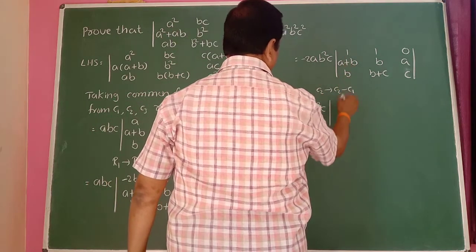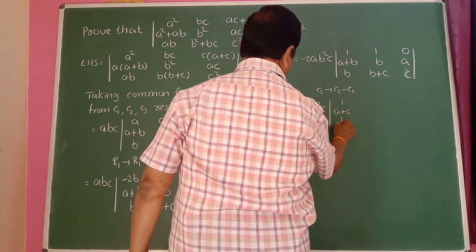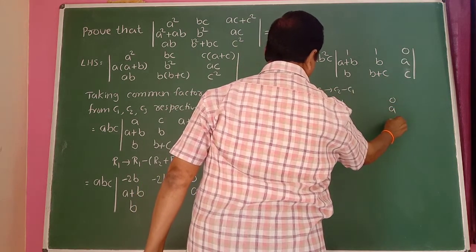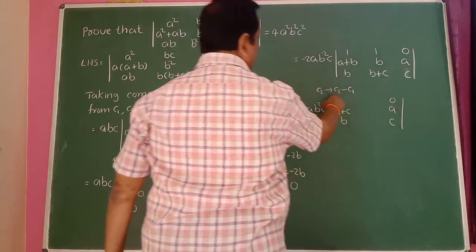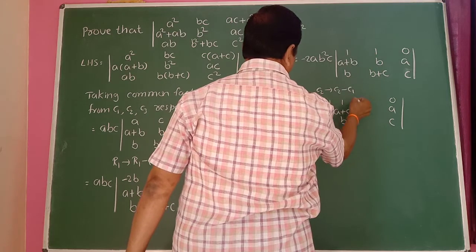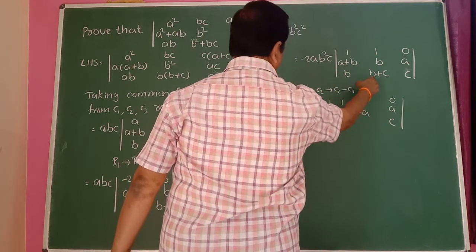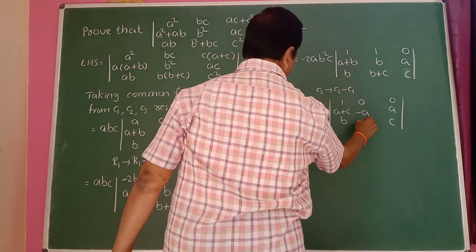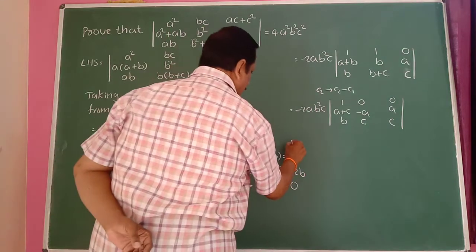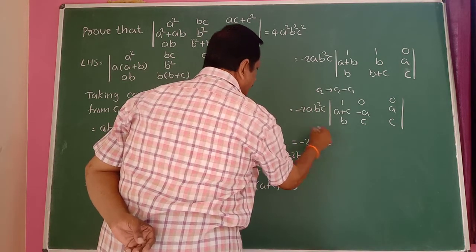So first column write as it is: 1, A plus C and B. The third column also write as it is: 0, A and C. Here C2 minus C1. 1 minus 1 becomes 0. Then B cancels. Remaining is minus of A. This minus this, B cancels. Remaining is C. Therefore this is equal to minus of 2 A B square into C.